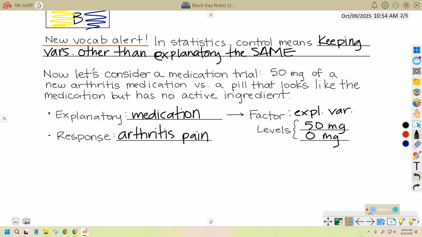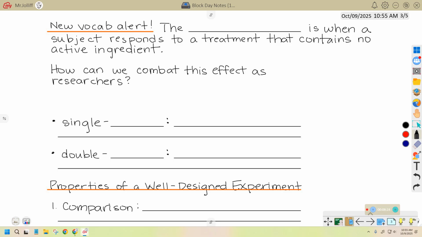Yeah. Those are levels of the same factor. And we're going to compare the levels for that factor. So factor is the variable, levels are all of the little subgroups of that variable. You're going to see that vocab on the AP test. I see you turning the page. Very good.